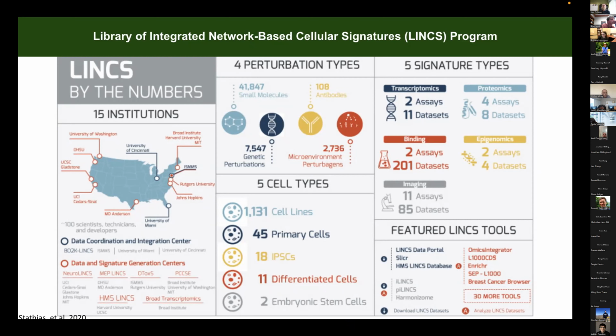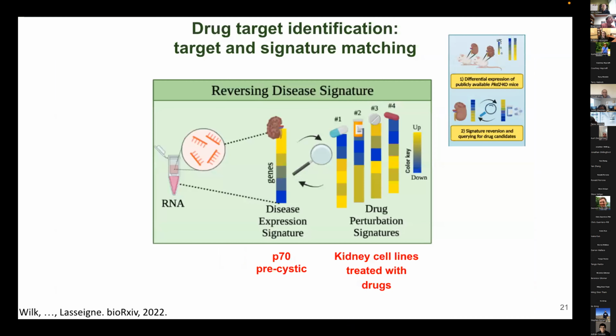So what we did was we took our RNA bulk profile from these public mouse data, so that P70 pre-cystic data set that I told you about, where we had developed that gene signature that we felt like really captured early PKD gene expression changes in this mouse model.